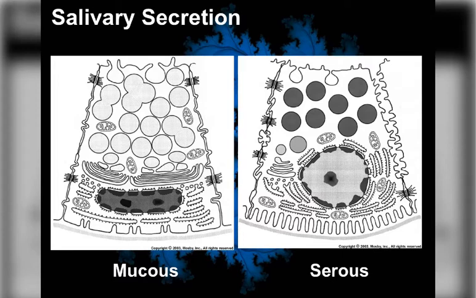So it has high ability to attract water when it's secreted to the outside of the cell. When it comes in contact with free surface, the lumen in this case, it attracts water and it becomes very viscous, which then it's called mucus. So mucin plus water equals mucus.